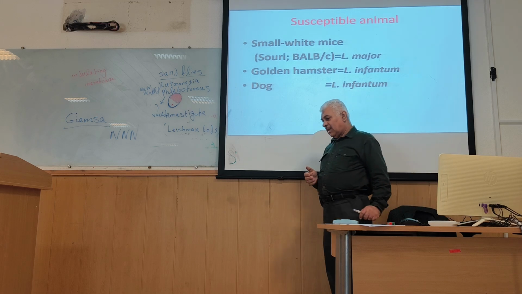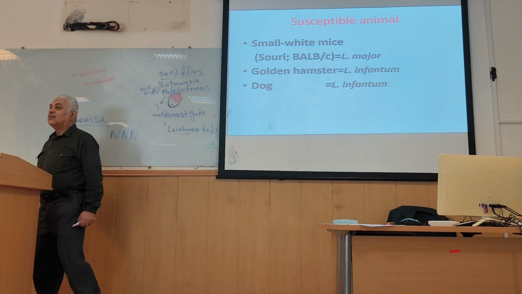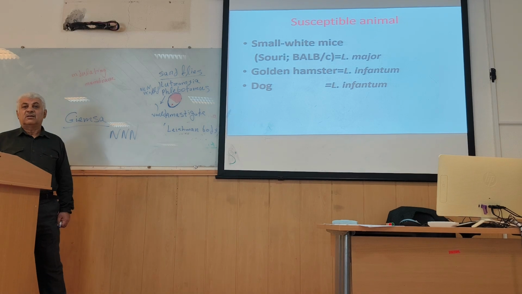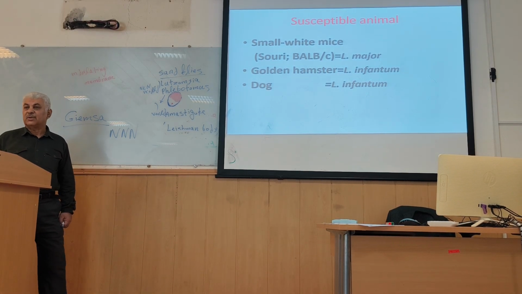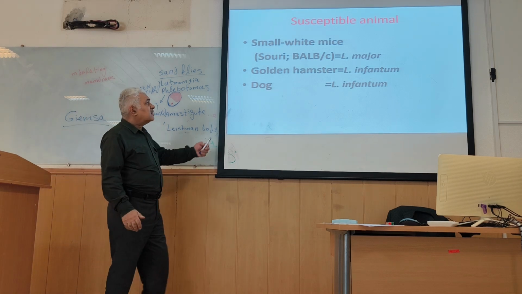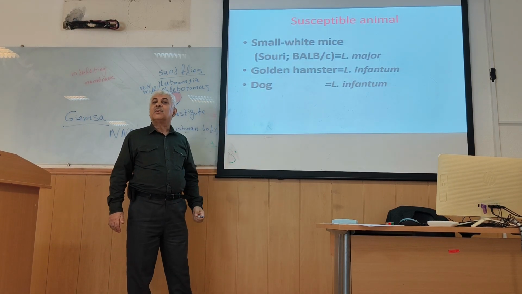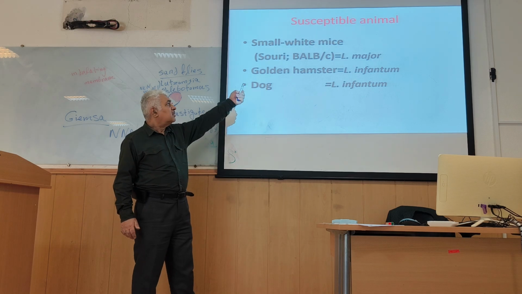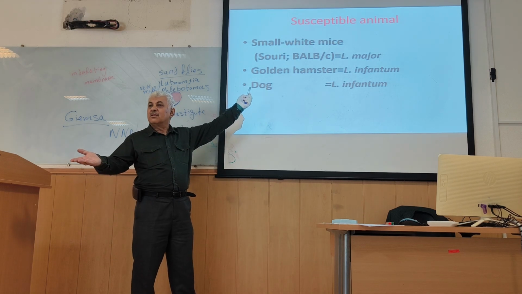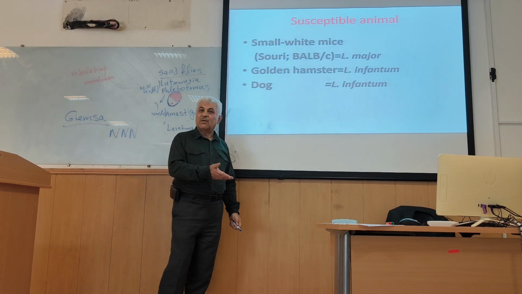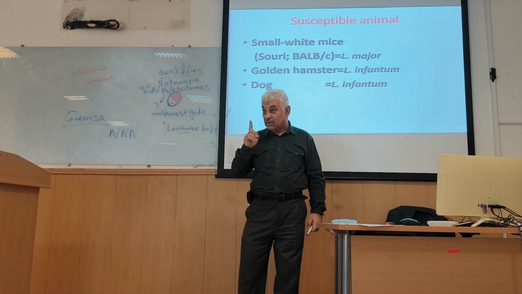And we have some susceptible animals against the leishmania parasite. For example, the susceptible animals for Leishmania major is small white mice used for physiology, pharmacology, very susceptible to Leishmania major.